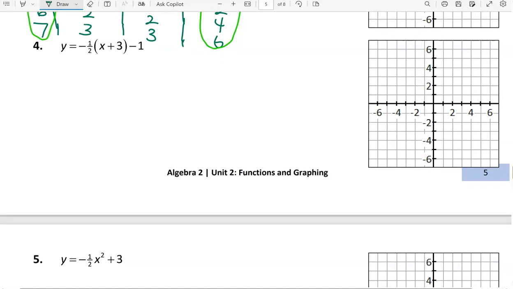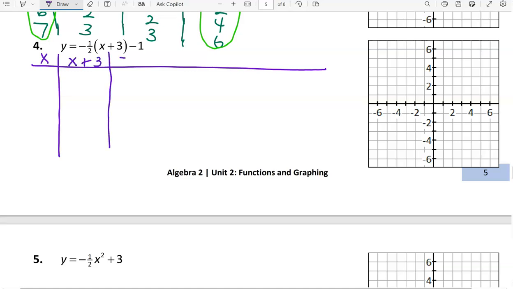All right, let's take a look at number 4. Let's set up our table of values. So our columns are x, x plus 3, -1/2 times x plus 3, and then finally -1/2 times x plus 3 minus 1.